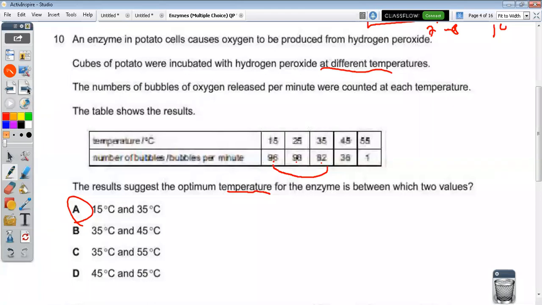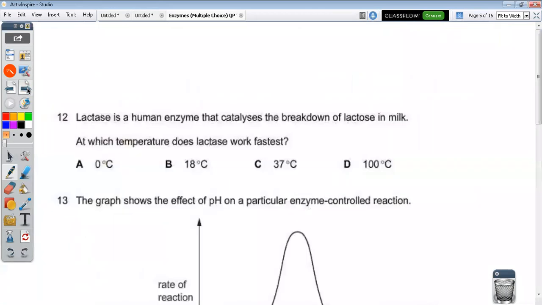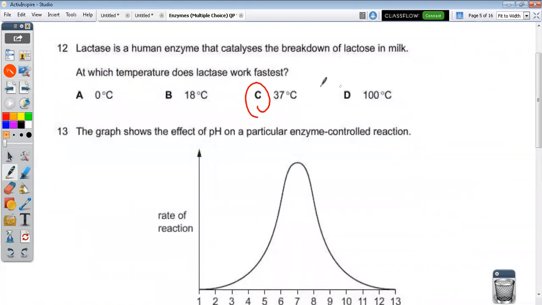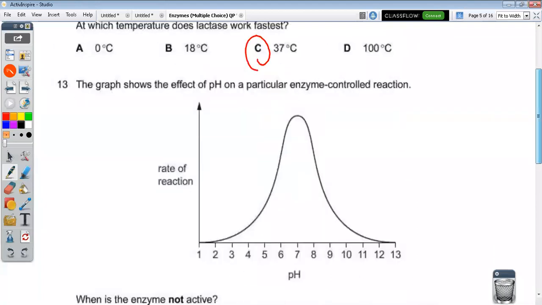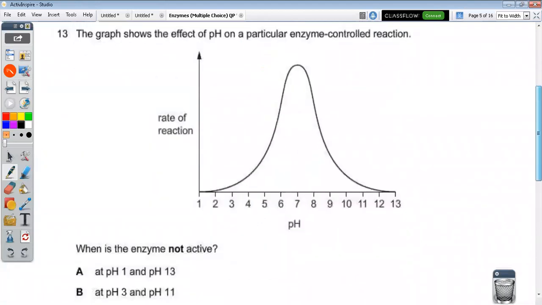Yes. Yes, sir. Lactase is a human enzyme that catalyzes the breakdown of lactose in milk. At which temperature? So we said human digestive enzymes are best at 37 to 40.